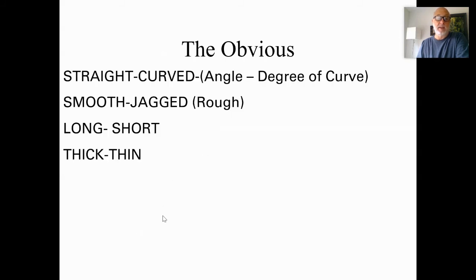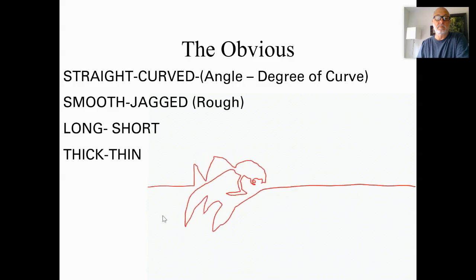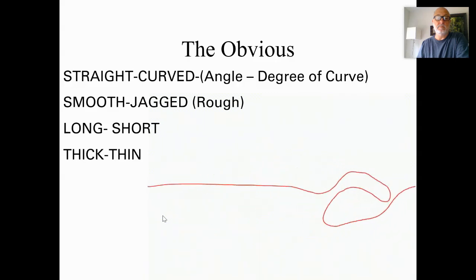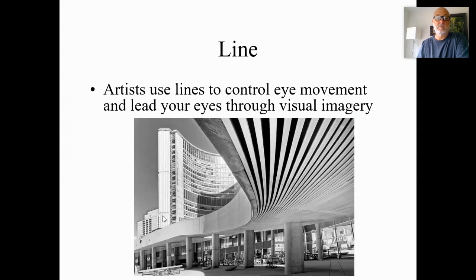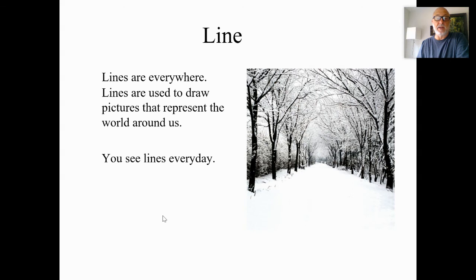Each one can have a degree of angle, a degree of curve. Each one can be smooth or jagged, long or short, thick or thin. Artists have used lines to control the movement and lead your eyes through visual imagery. We see lines everywhere, and lines are used to draw pictures that represent the world around us.